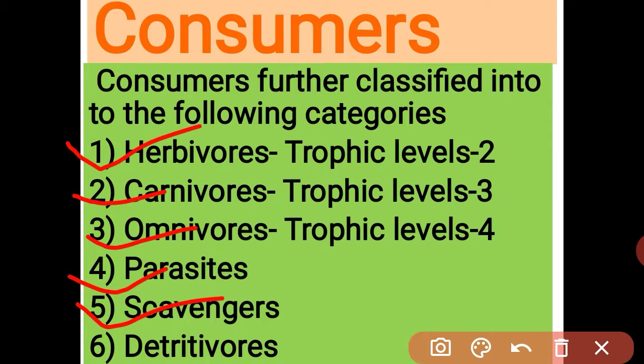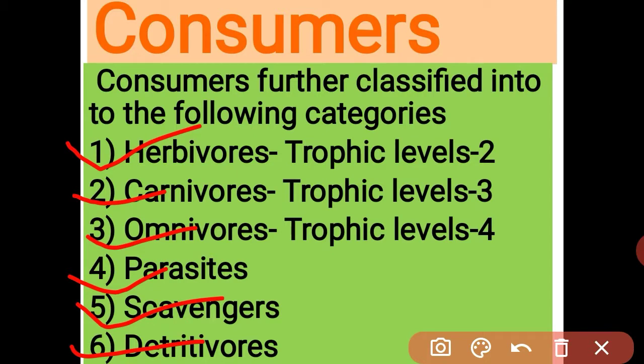And the detritivores, like worms, slugs, like earthworm. Earthworm is a good example of detritivores, meaning organisms that eat plant material as well as insects and convert it into organic material. Got it student? Detritivores feed on detritus.